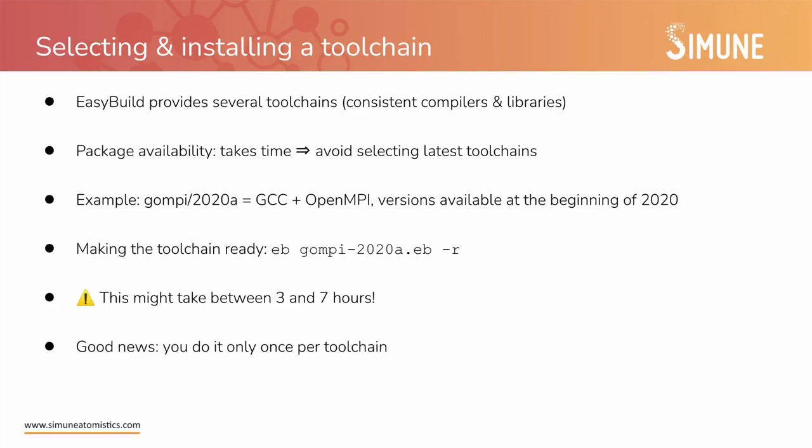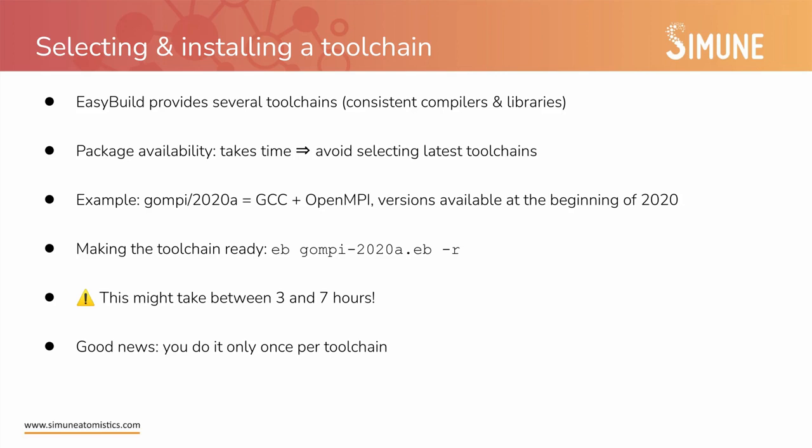EasyBuild provides toolchains. These are consistent sets of compilers and libraries. This is critical for the reproducibility of the builds. When EasyBuild publishes a new version, it takes time to produce these sets.